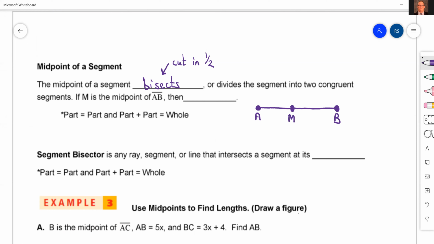And since M is in the middle, what do we know about these two? They're congruent to each other. If M is the midpoint of AB, then AM has to be congruent to MB.